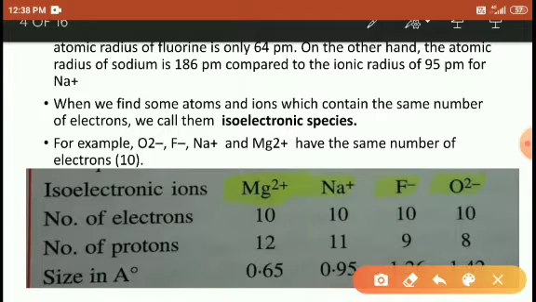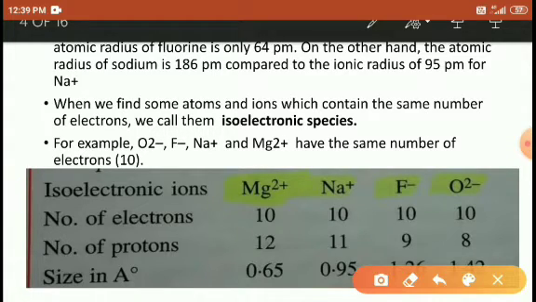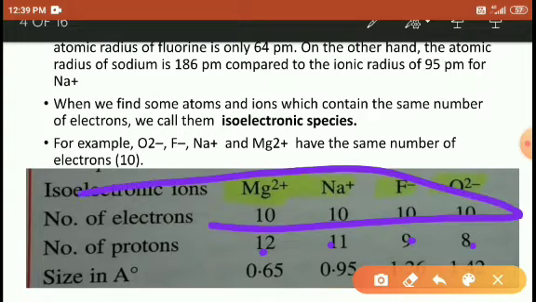Right, students? So look here, the number of electrons is 10, 10, 10, 10. Different species, but their electrons are the same. That is why we call them isoelectronic species. The number of protons is different here, but the number of electrons is the same. Because the number of electrons is the same, they are called isoelectronic species.